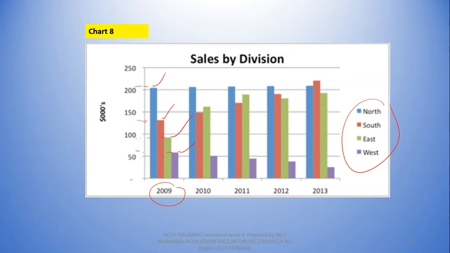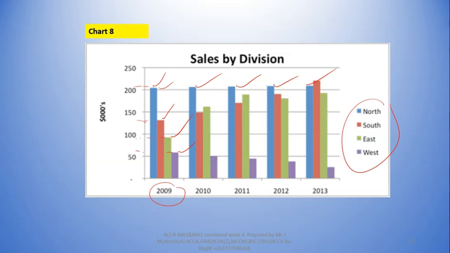By reviewing or just looking at the chart, you can also see that the Northern Division has been constant in its performance, while the Southern Division is sustaining continuous growth.